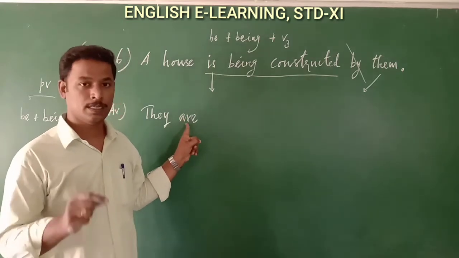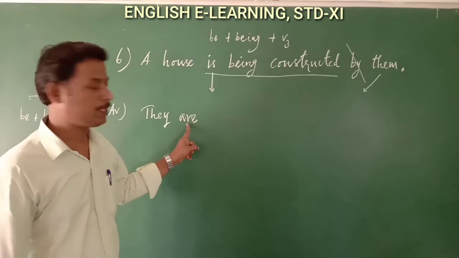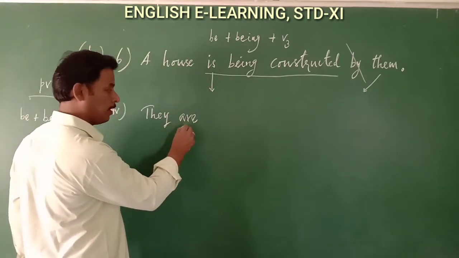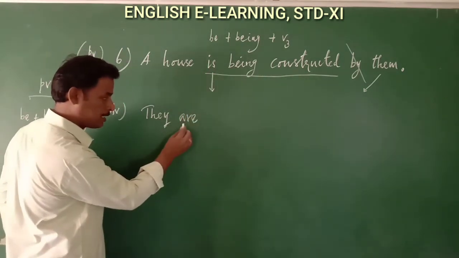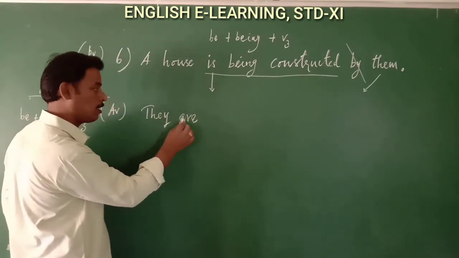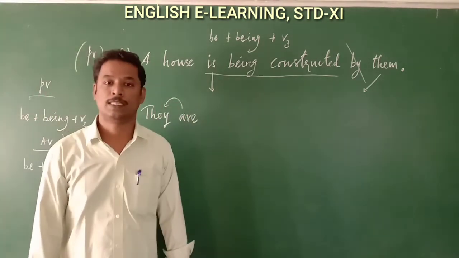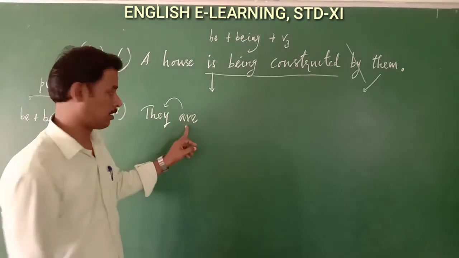Are is the present plural auxiliary. Right. So that is why we have applied this plural verb are. This singular is changed as the plural verb are because of the subject. The subject is in plural, that is why we have applied the plural verb are.